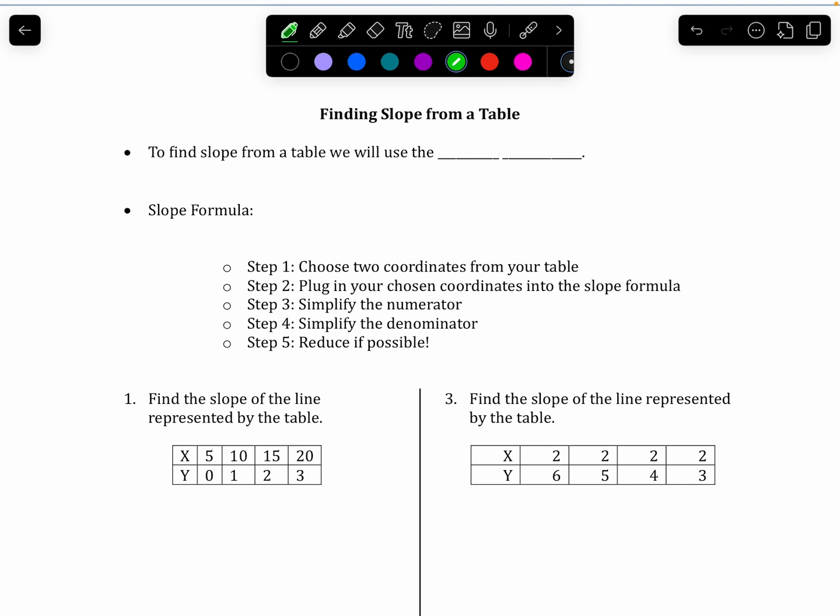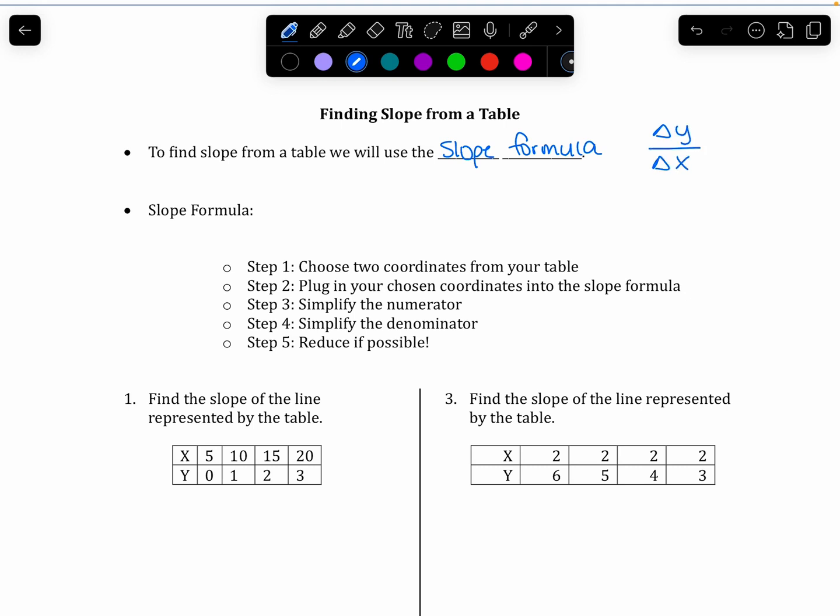Now, finding slope from a table, there's actually 2 different ways to do this depending on who your teacher is. I'll show you both ways, and then you can choose, or your teacher may tell you, I want you to specifically do it this way. For my kids, I don't care how you choose to do it, but you just need to make sure that whichever method you choose, you get the right answer. It does say here to find the slope from a table, we will use the slope formula, because you can.